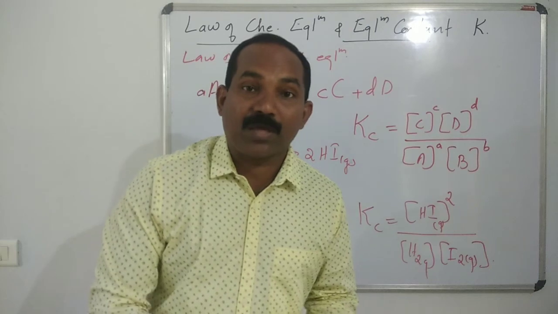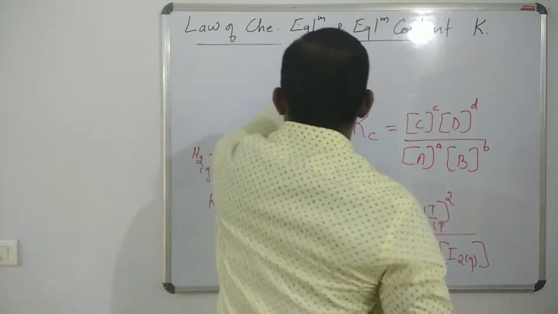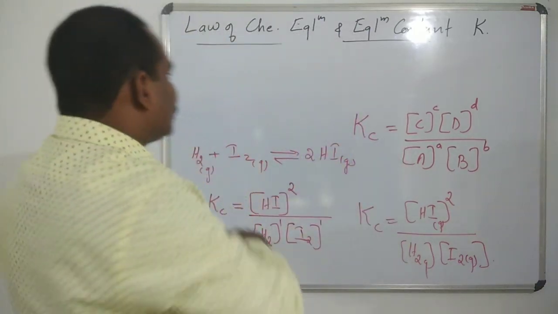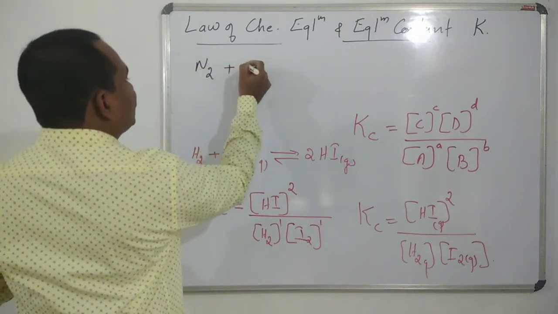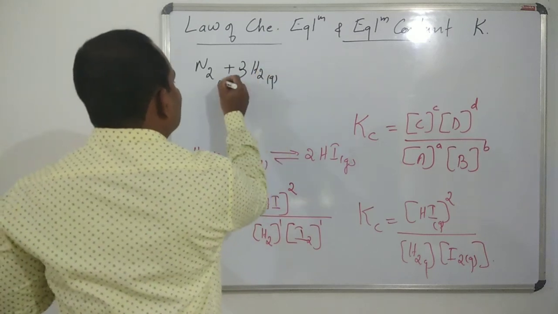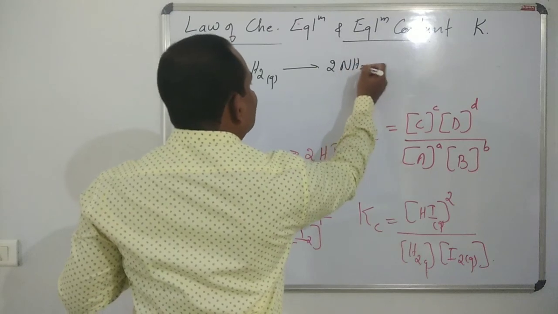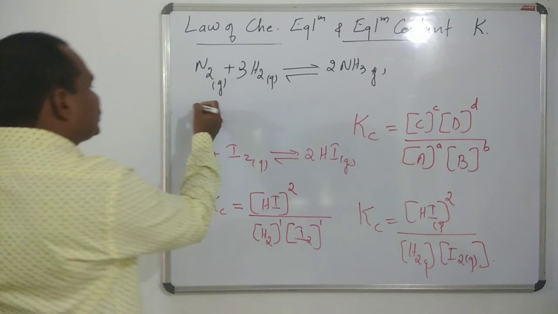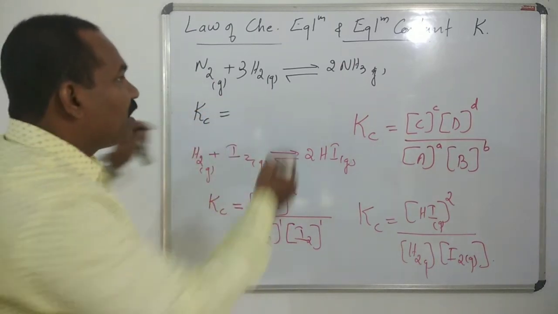Another reaction, one more we practice: N2 plus 3H2 gases gives 2NH3 gas at equilibrium. What is Kc for this reaction?